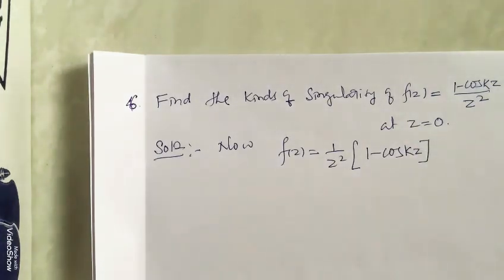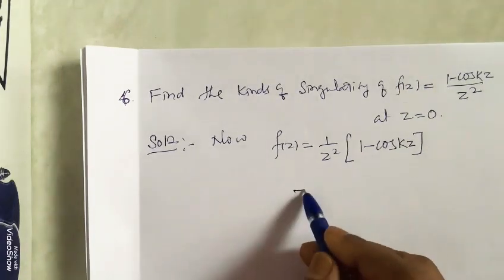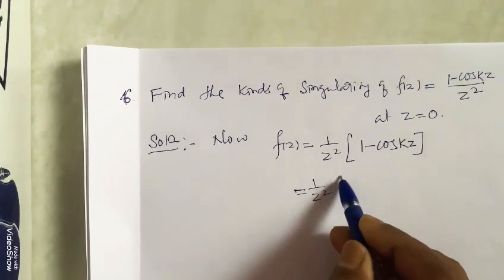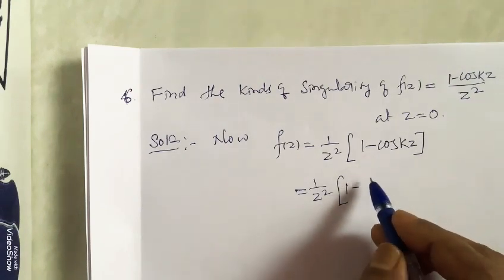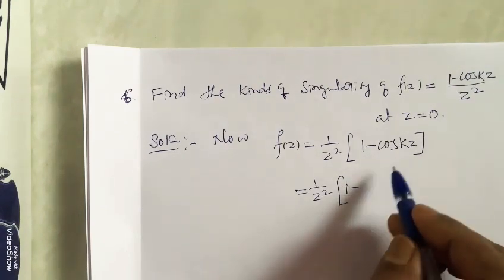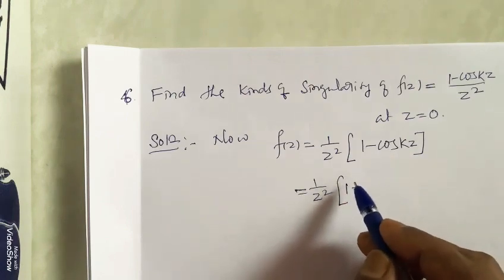So either you can use the limit or you can use the expansion. I think I already told an example of this type, 1 upon z square, you please expand cos kz. So cos x is equal to 1 minus x square by 2 factorial plus x raised to 4 upon 4 factorial and so on.